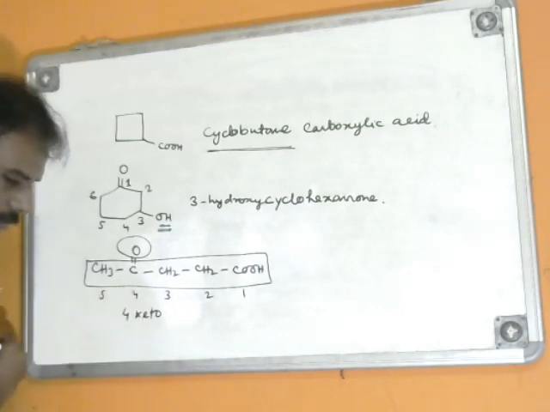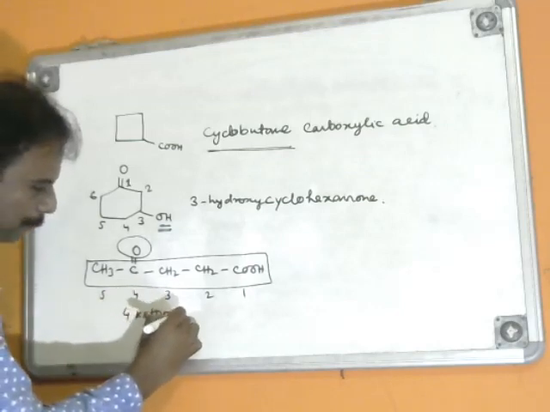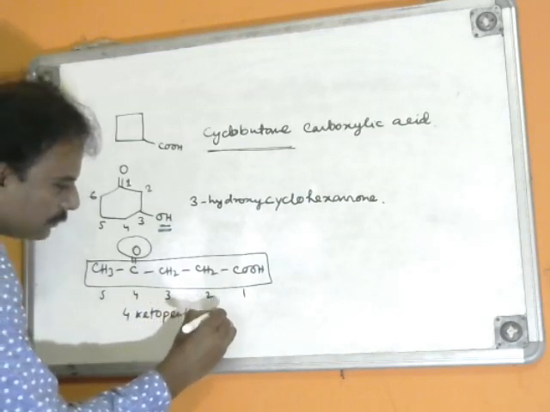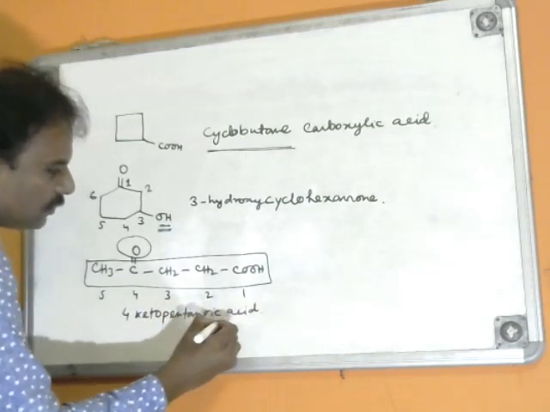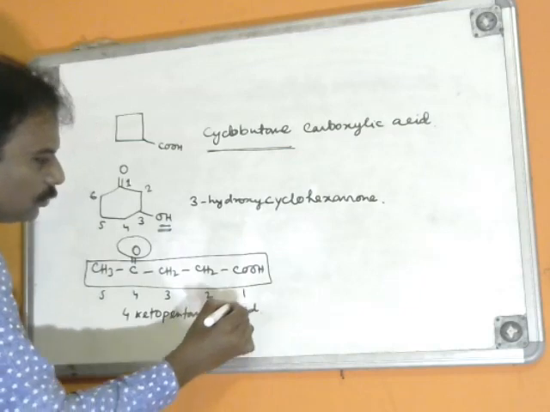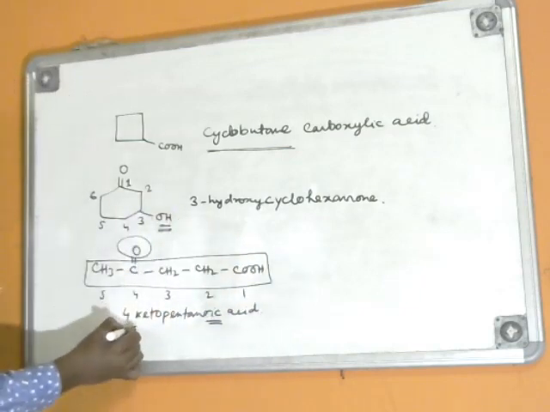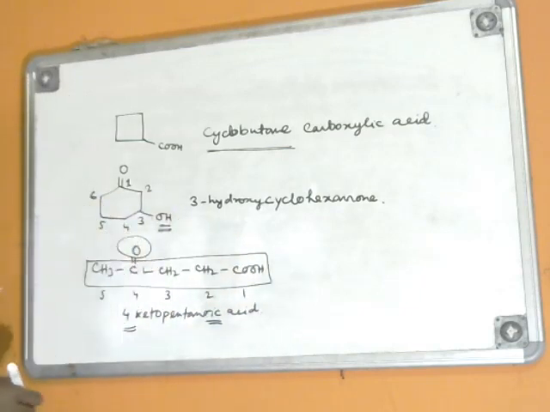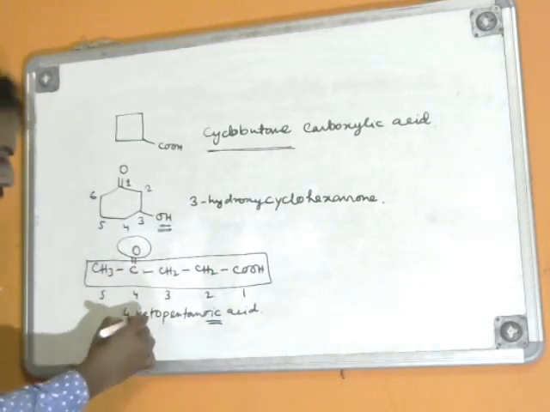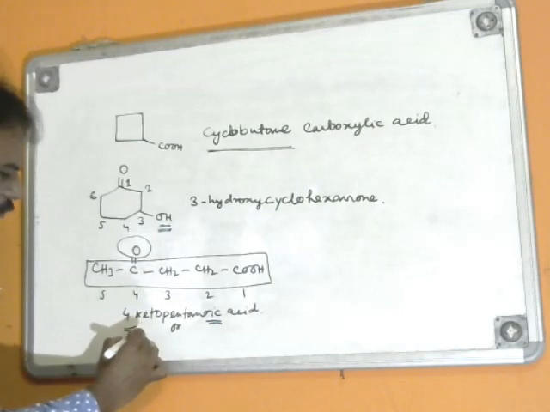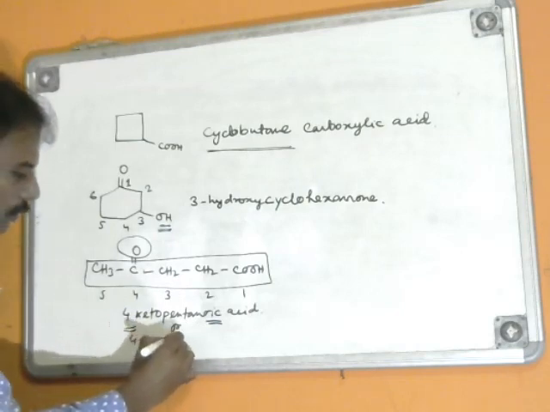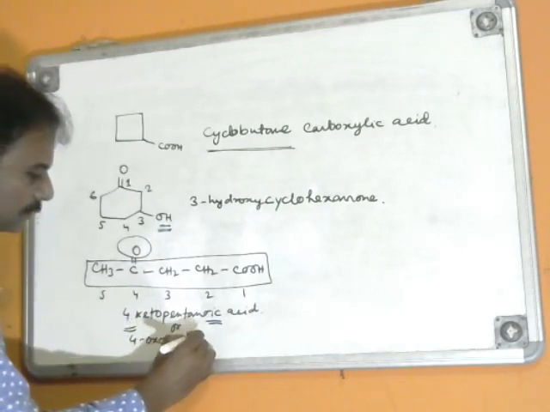Anyway, that compound is named 4-keto pentanoic acid. Oic acid, why? Oic acid is due to this group. And in the 4th position, there is a substitution, that is the ketonic group substitution. You can also write this compound as 4-oxo pentanoic acid.